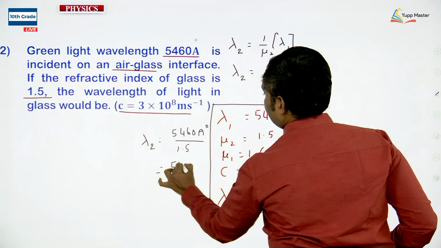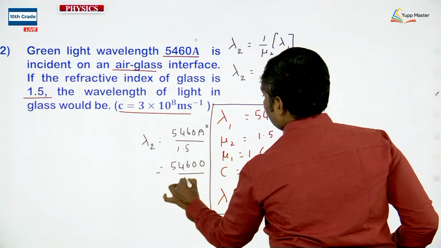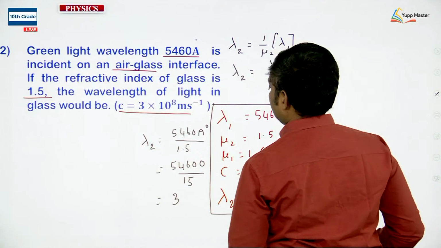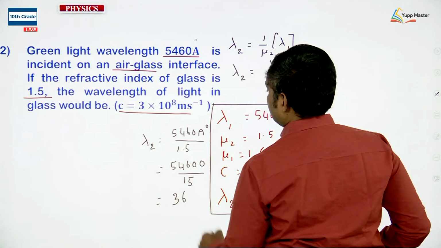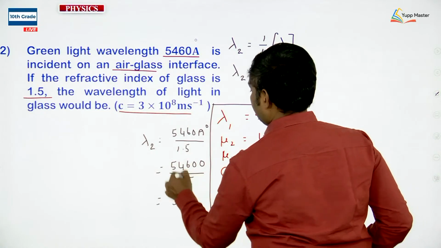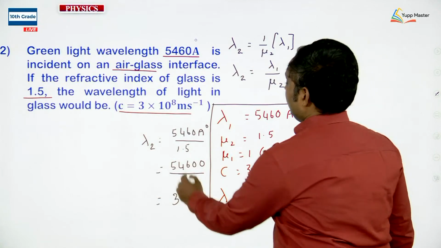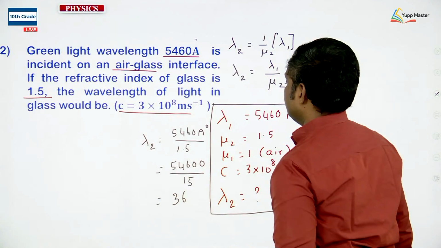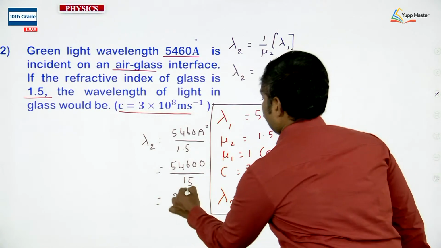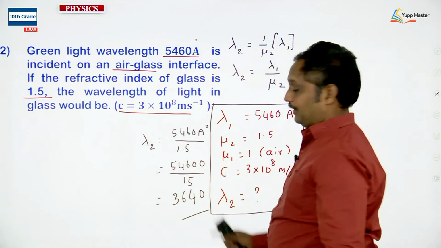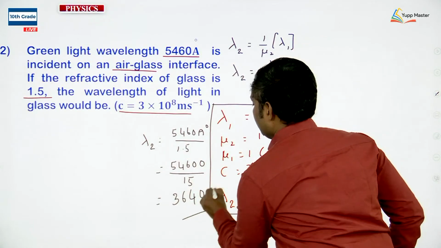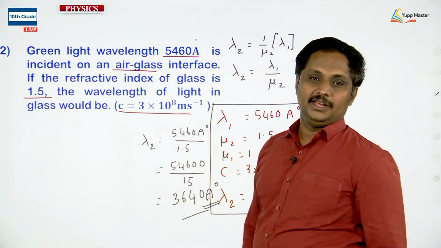If you make that simplification, finally you get 3640 angstrom units.